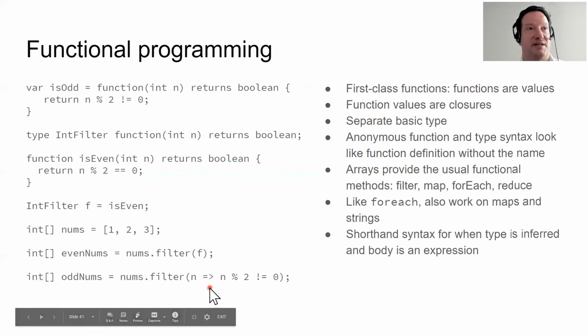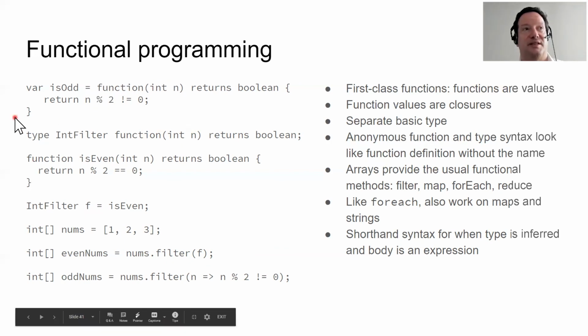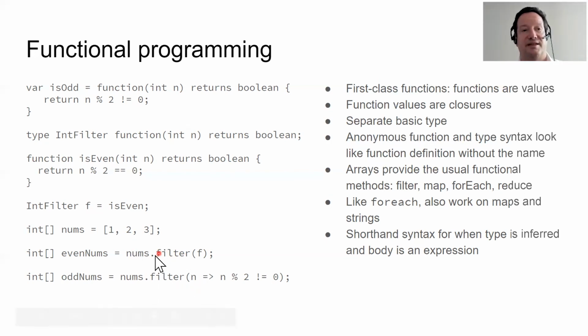I could use the longer form, but that's very inconvenient. So instead I infer the type of the closure from the declared type of the filter function and the declared type of the things applied to nums. This should look very similar to JavaScript, for example.